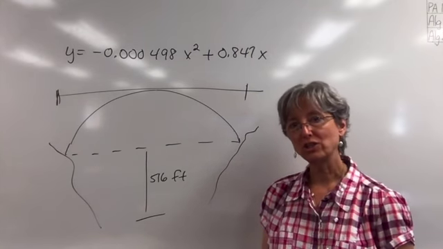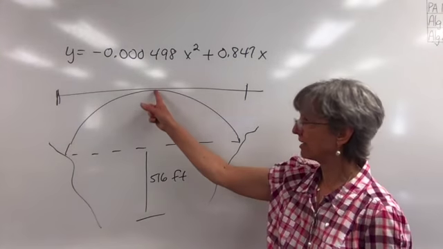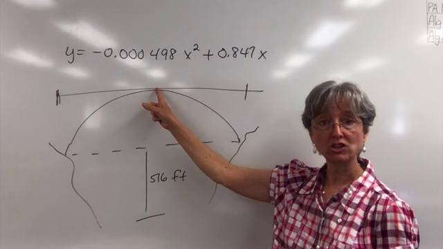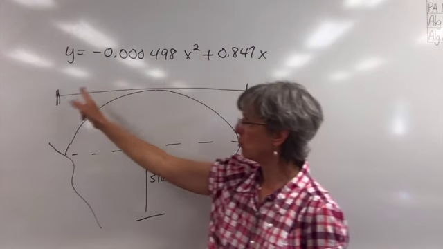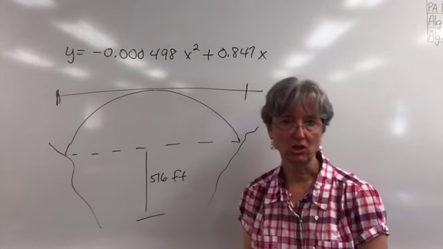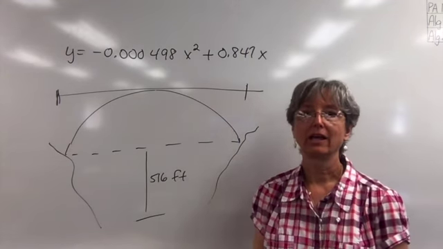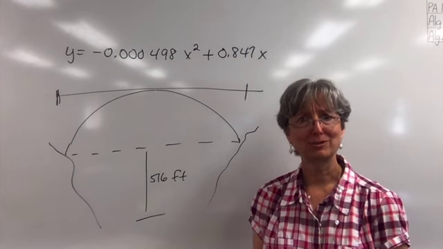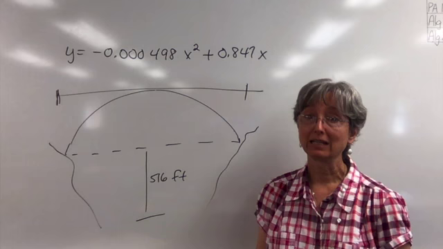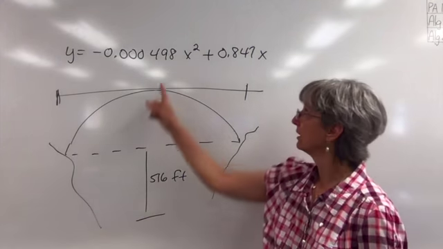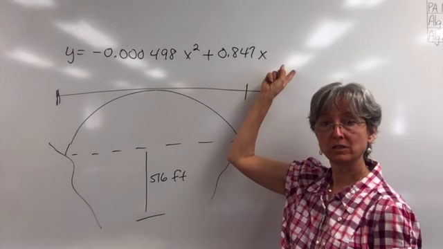So our question is, how high above the bottom of the gorge is the top of this arch, and how wide is this section of road that is above the arch? And that's what we're asked to find out. And you might think, how am I supposed to find that? Well, here's how you do it. You think of this as a graph. Notice our y-intercept is 0.